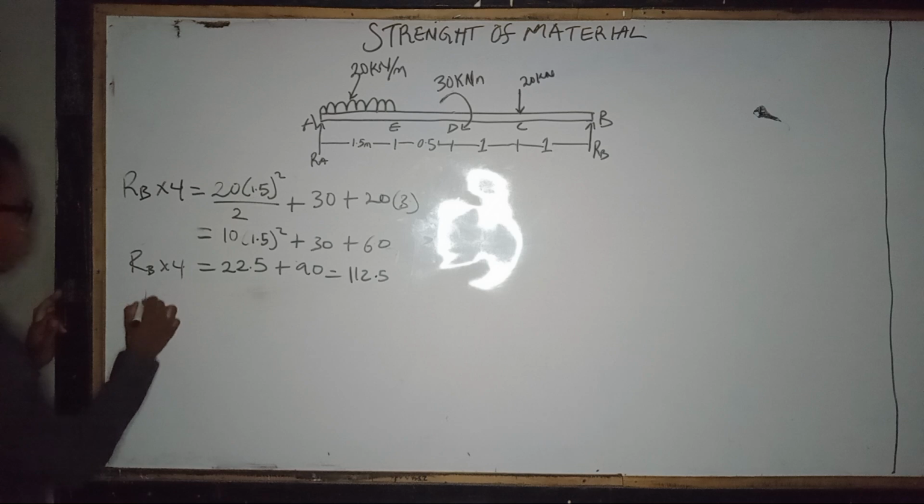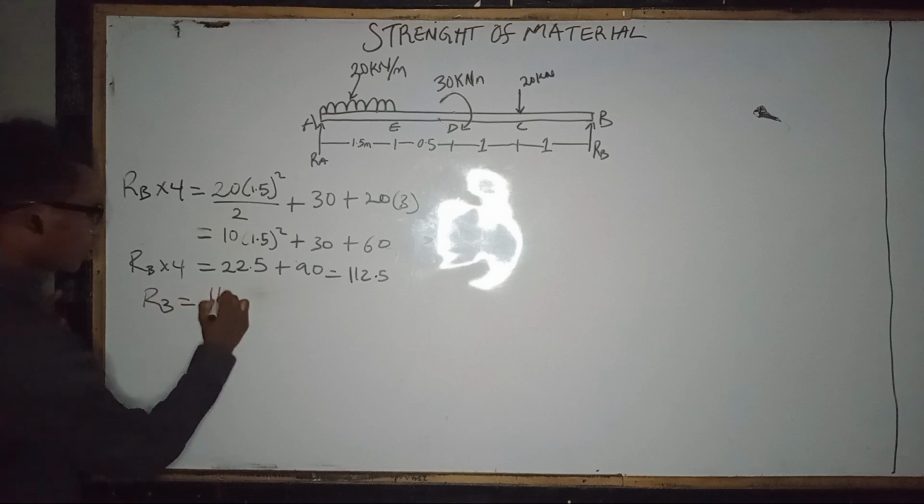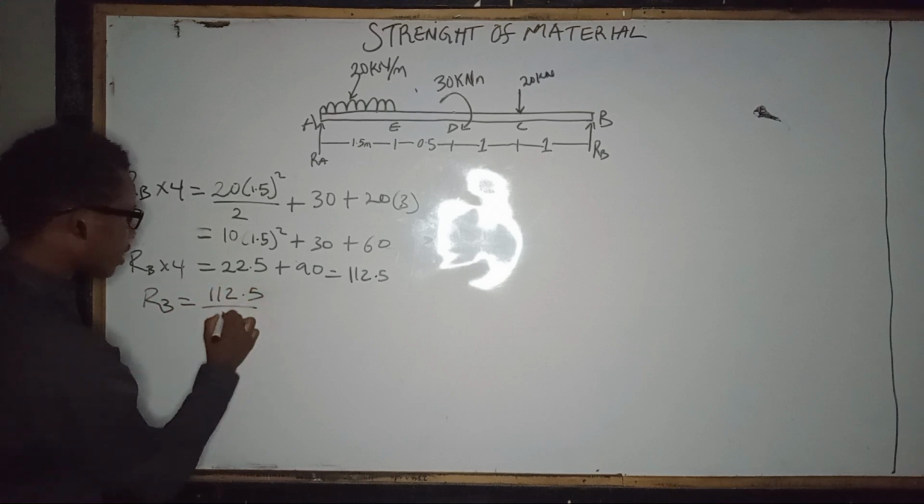So divide both sides by 4, we will have our RB equal to 112.5 divided by 4.